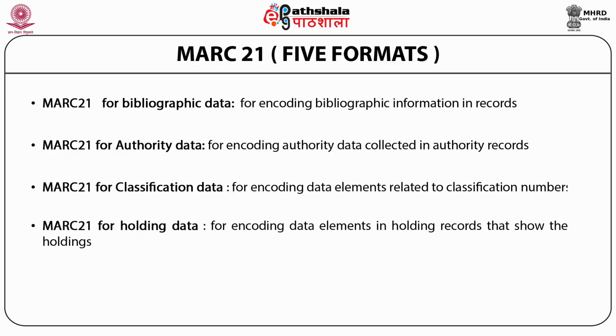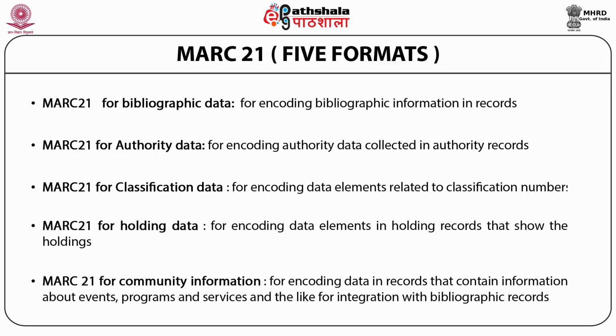This is for encoding data elements in holding records that show the holdings. And lastly, MARC 21 for community information. This is for encoding data in records that contain information about events, programs, and services, and the like for integration of bibliographic records. Another one in computerized cataloging is the Dublin Core.